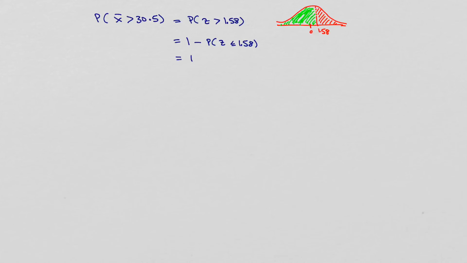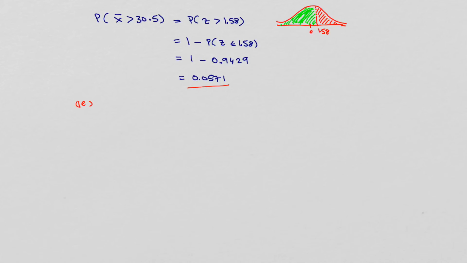If I go to my tables and locate 1.58, I find that it is 0.9429, and therefore that gives me a value of 0.0571, which is what we're looking for.